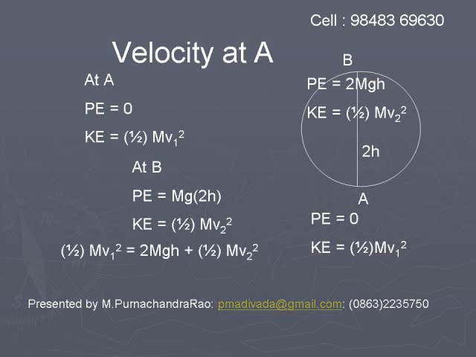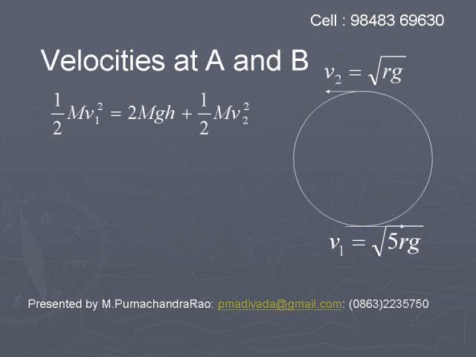The potential energy is mg into 2h, because the height AB is equal to 2h or 2r. Kinetic energy is half mv2 square.